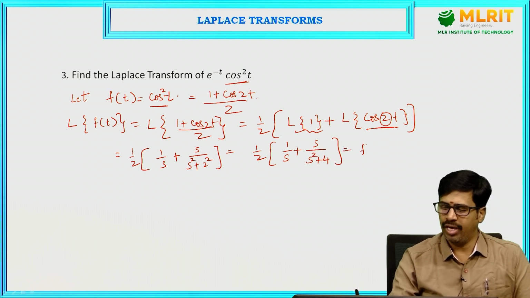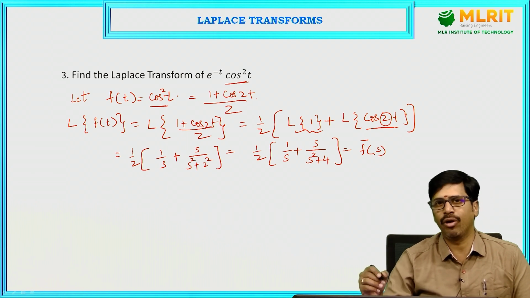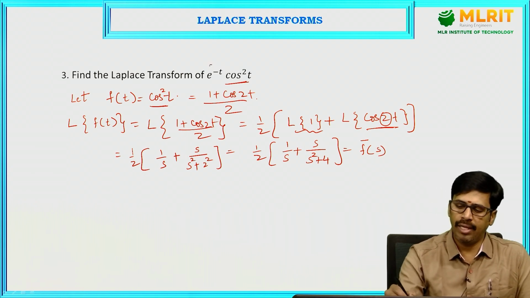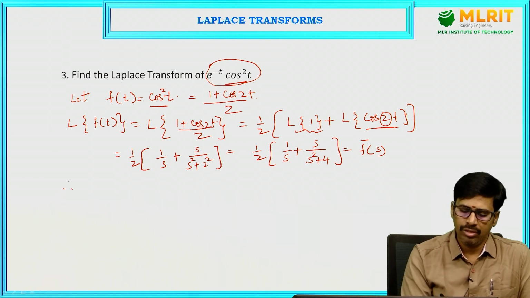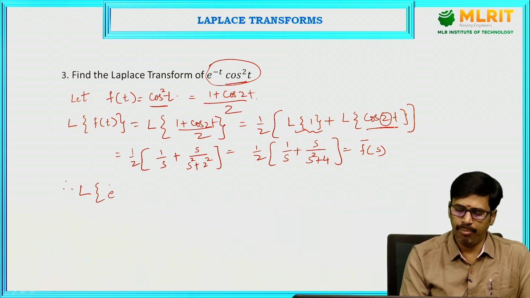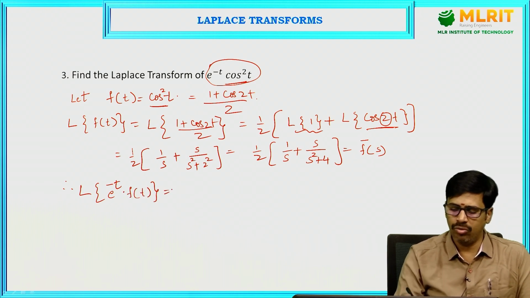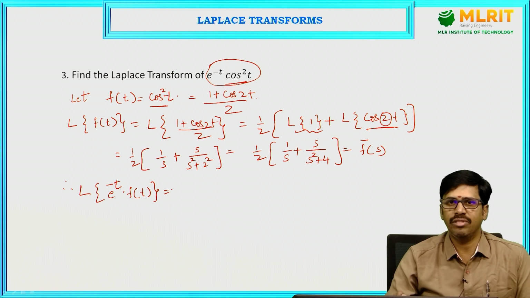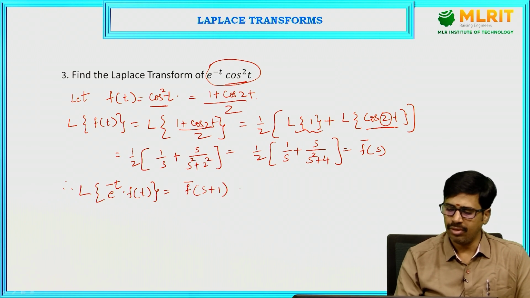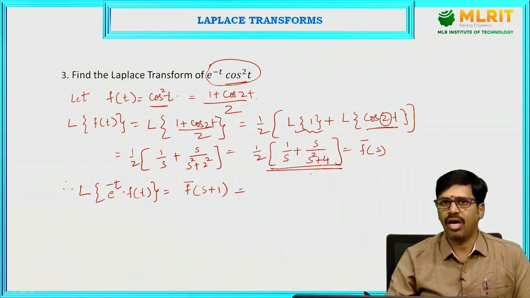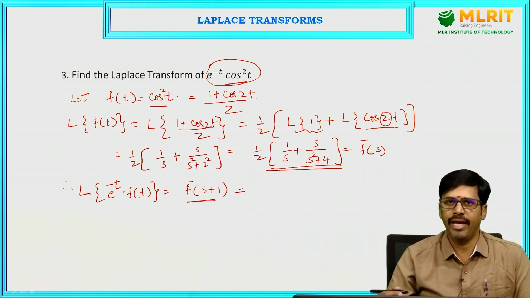Now, let us assume this function as f bar of s. We want Laplace of e power minus at into f of t. So, Laplace of e power minus t into f of t is equal to, by the first shifting theorem, f bar of s plus a. Here a means what? This is f bar of s. I want f bar of s plus 1. Just in place of s, replace with s plus 1.